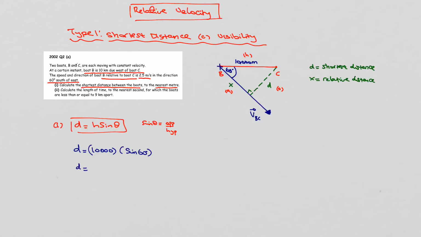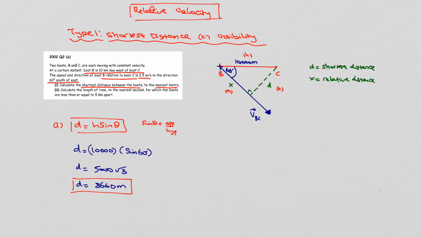So therefore root 3 over 2 times 10,000 gives us 5,000 root 3. And of course to the nearest metre is what they want. So to the nearest metre will be 8,660 metres. So we wouldn't get marks for leaving it in terms of surd form for this question.